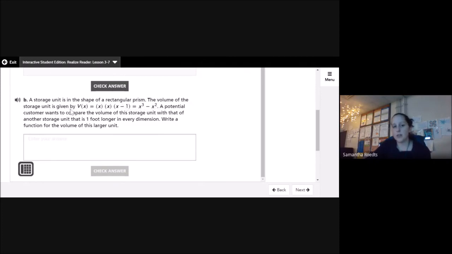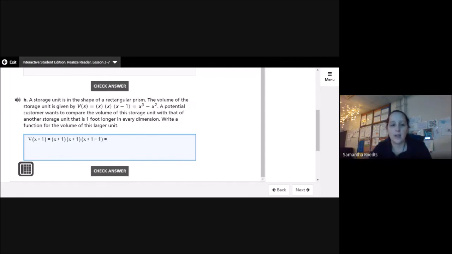So for letter B, a storage unit is in the shape of a rectangular prism. The volume of the storage unit is given by v of x equals x times x minus 1, or x cubed minus x squared. A potential customer wants to compare the volume of this storage unit with that of another storage unit that is 1 foot longer in every dimension. Write a function for the volume of this larger unit. Okay, so I'm adding 1, so v of x plus 1 equals x plus 1 times x plus 1 times x plus 1 minus 1.